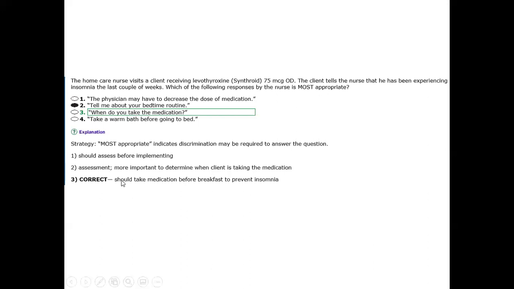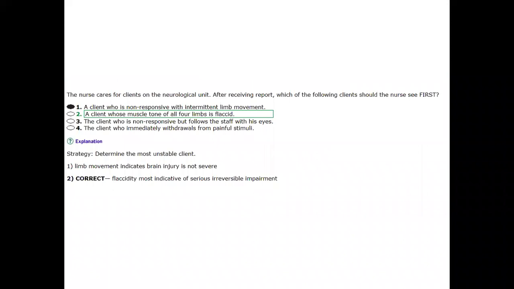What is the explanation? Why number 3? The client should take the medication, levothyroxine, before breakfast to prevent insomnia. Levothyroxine can cause insomnia. It is an adverse effect.